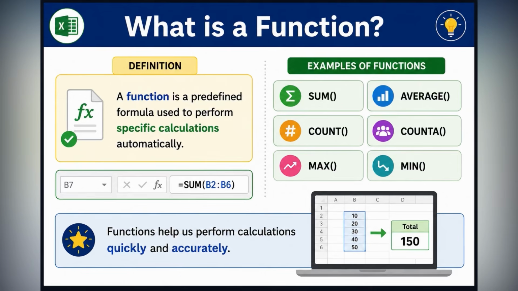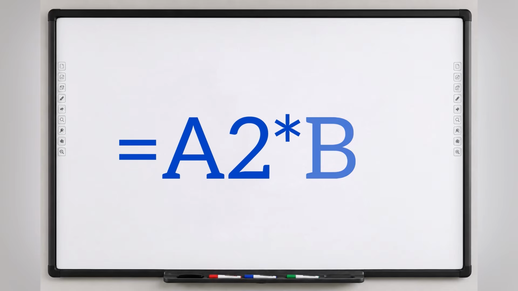We have seen how formulas can be used to perform calculations in a spreadsheet. In our example, we created the formula ourselves by typing equals A2 multiplied by B2. This works well for simple calculations involving a few cells.